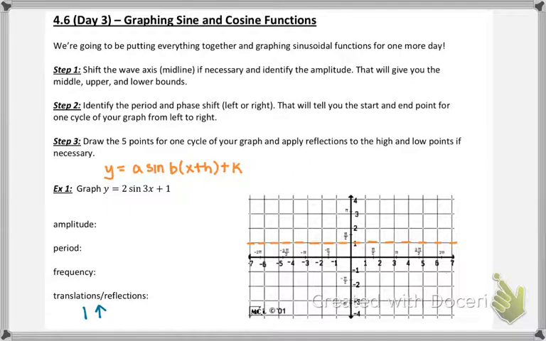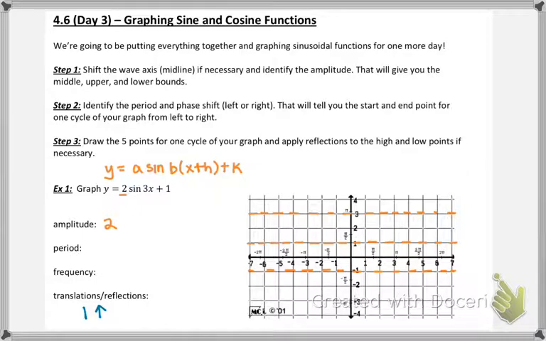And according to the equation, my amplitude is 2, meaning that my high point and my low point are going to be 2 units from my midline. So if you want, you could draw in an upper bound and a lower bound. You know that vertically, your wave has to fit within these boundaries, your middle, upper, and lower bound for your high and low points.